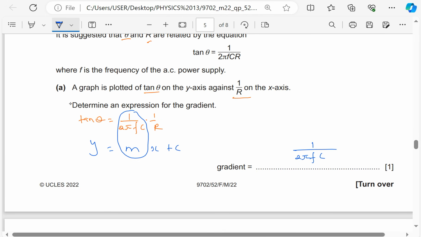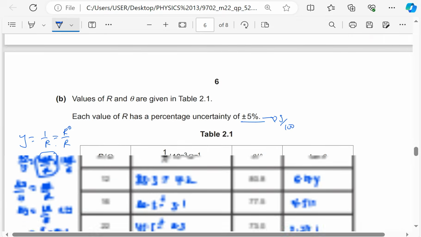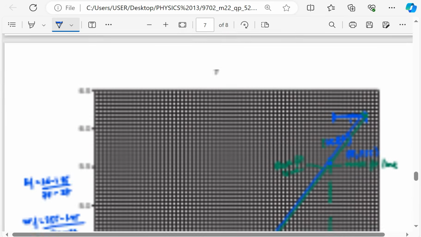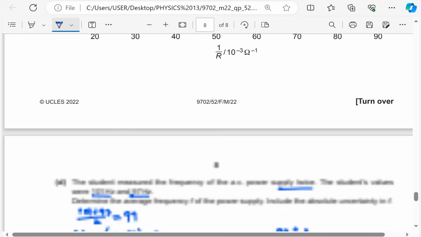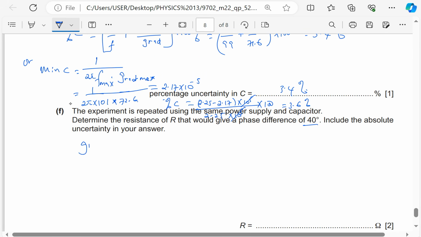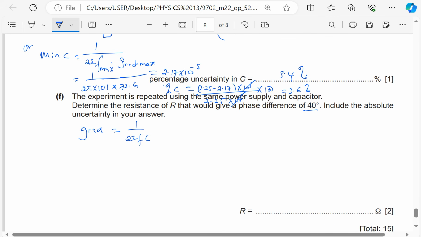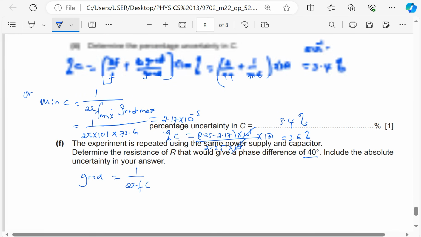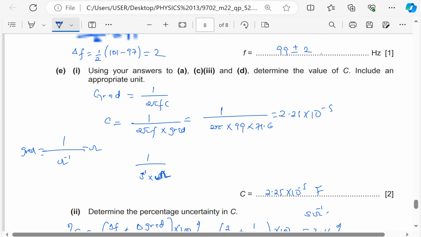The gradient is 1 over 2 pi f c. So the gradient was equal to 1 over 2 pi f c.